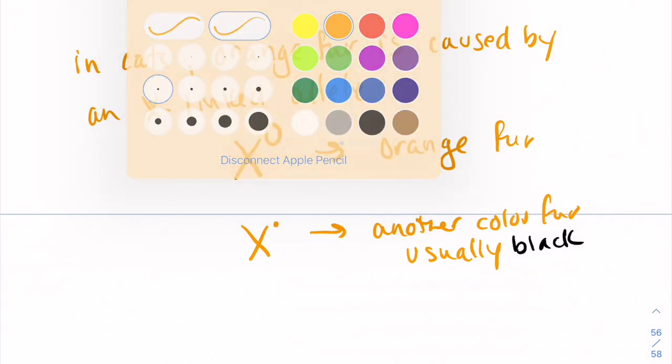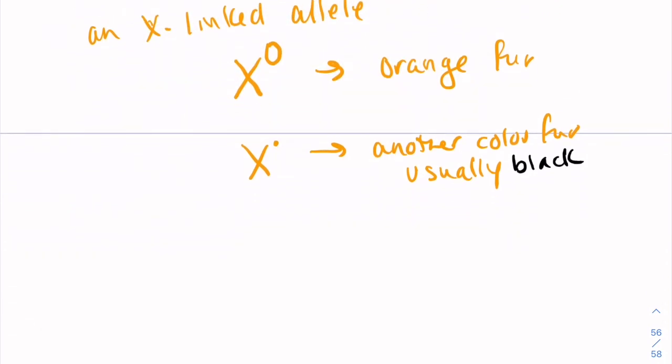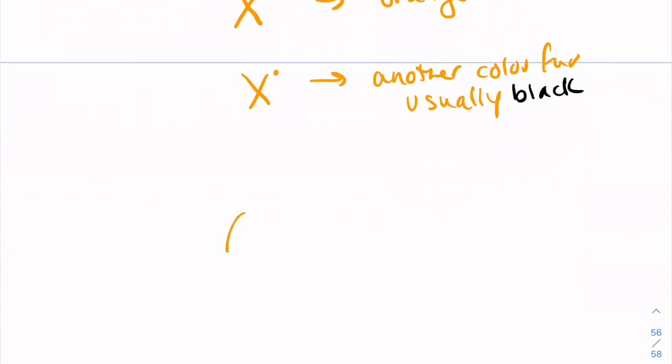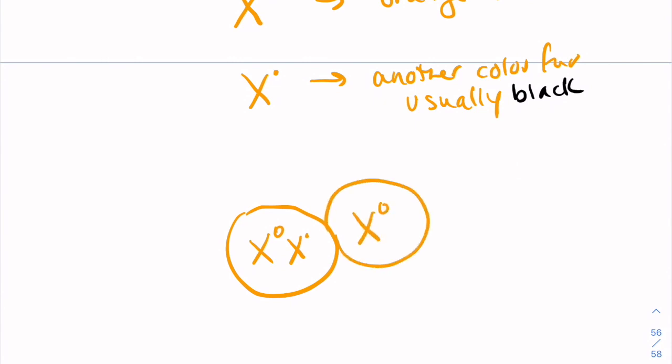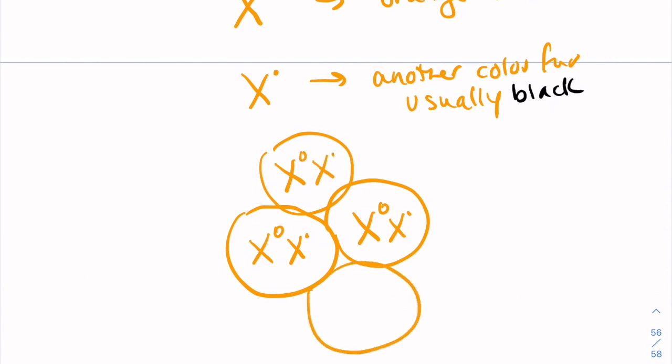All right. So let's say that there's a female cat that has one of each. And when her cells get to the 8-cell stage, I'm only going to draw 4 here, for heaven's sakes. You don't need to be watching me draw X's and O's.